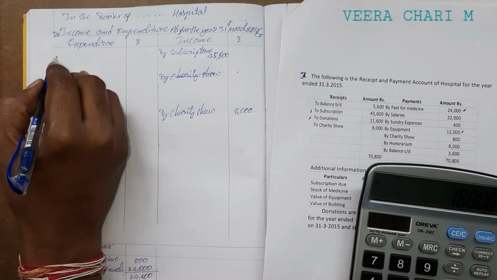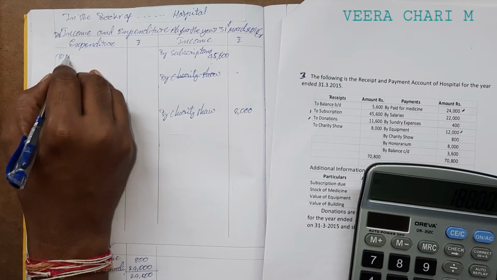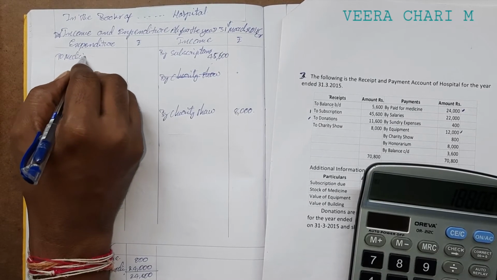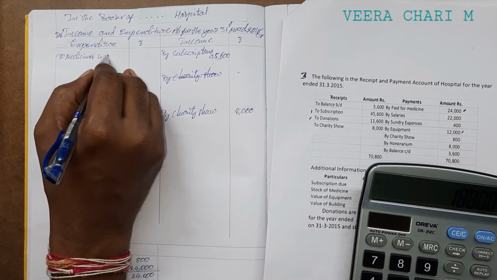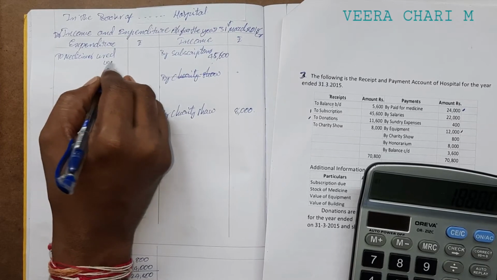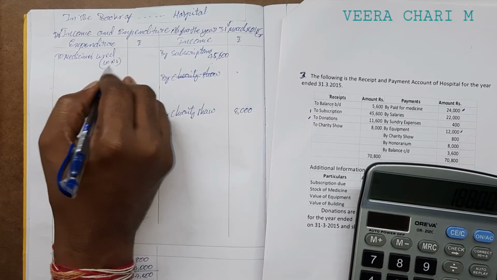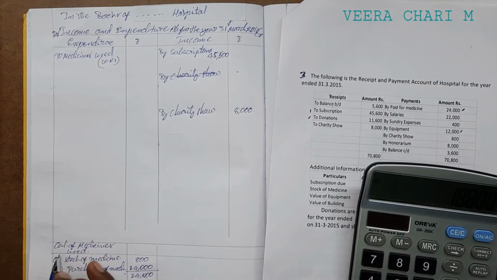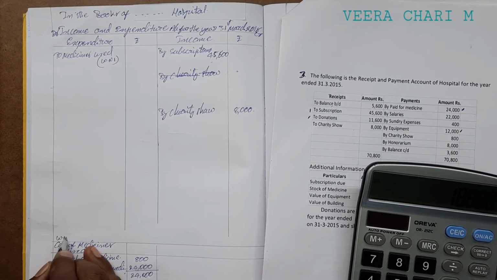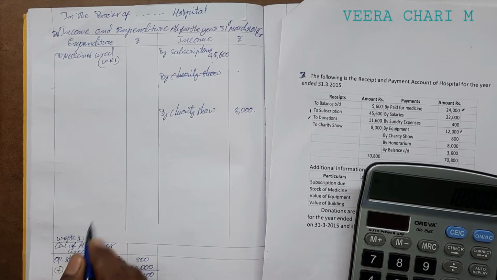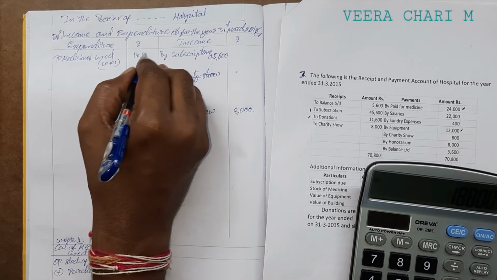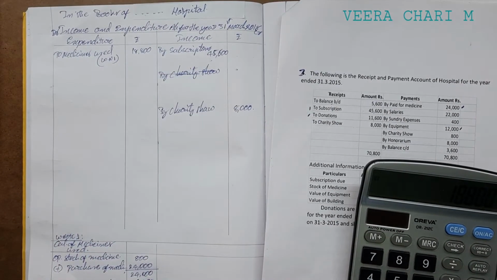So write on the debit side, medicines used, that is working note 1. Here also write working note 1. That is 18,800 worth of medicines used in the hospital. That is only the expenditure on this one.